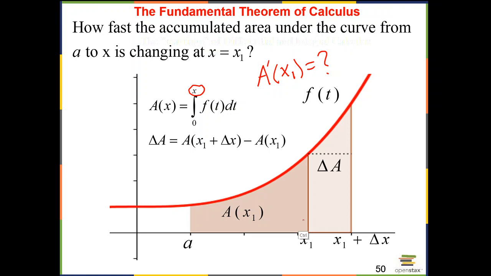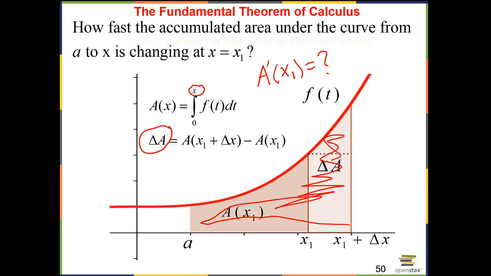That's what A prime is. So what is A prime at this point? Okay, well, first of all, we understand that delta A, the change in area, would be the area up to x1 plus delta x, which is the whole area here, which is all of that, and then minus the area to x1, which is this part right here.